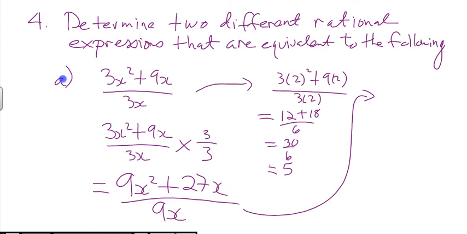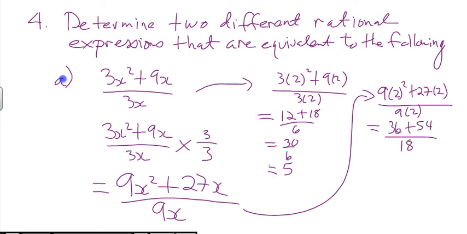And if x were 2, this one would be 9 times 2 squared plus 27 times 2 over 9 times 2. 2 squared is 4 times 9, so that's 36 plus 54 over 18. Okay, 36 plus 54 is 90 over 18, which is 5.